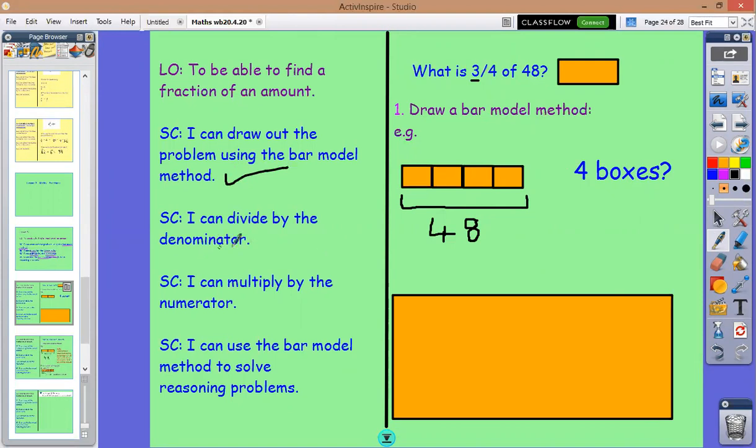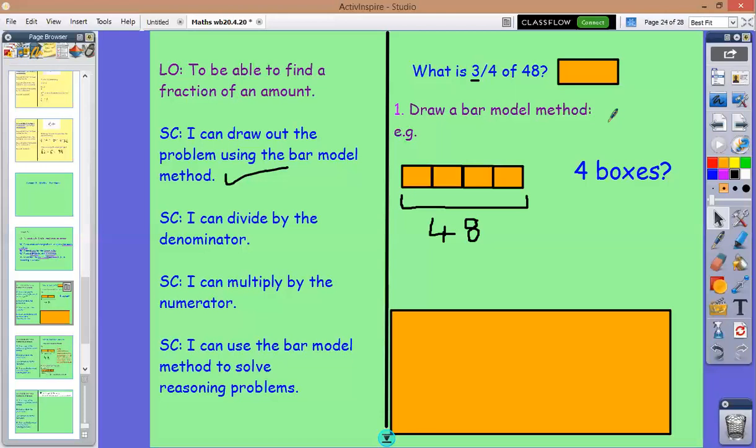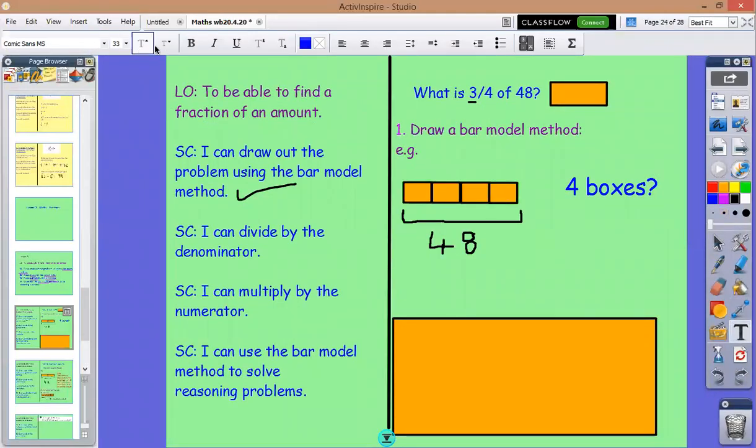My next one is divide by the denominator, or we can say the amount of boxes here. So straight away, I need to do 48 divided by 4, which equals 12.